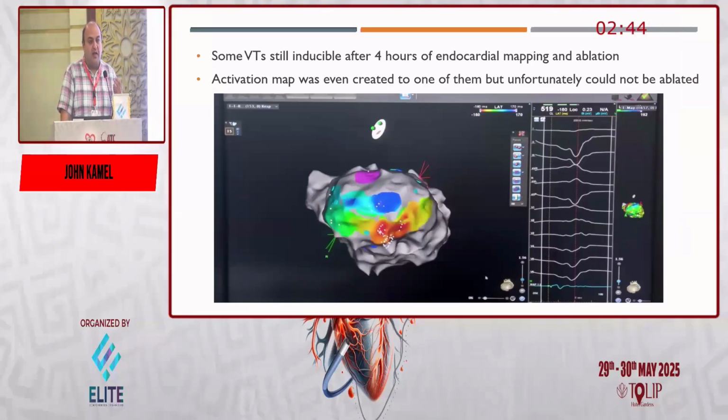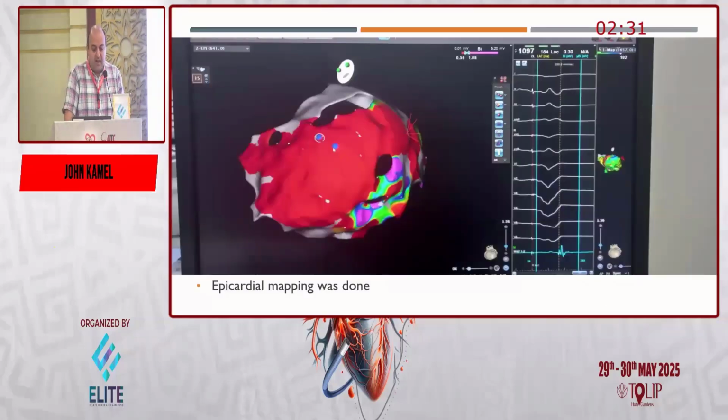So I guess that there is another isthmus, even in the mid myocardium or the epicardium. So after 4 hours of work, I went to the epicardial space and did a voltage map of the epicardium. And I also found a late potential in the epicardium, as you can see in the ECG, that there is also late potential in the epicardium.